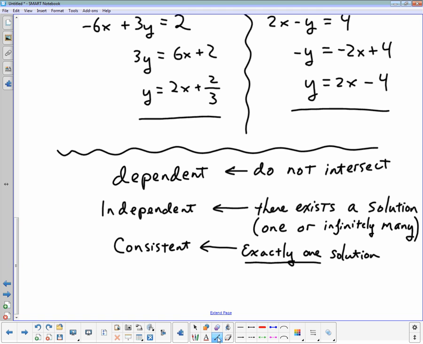So, dependent systems are parallel. Independent systems intersect, or lie on top of each other.